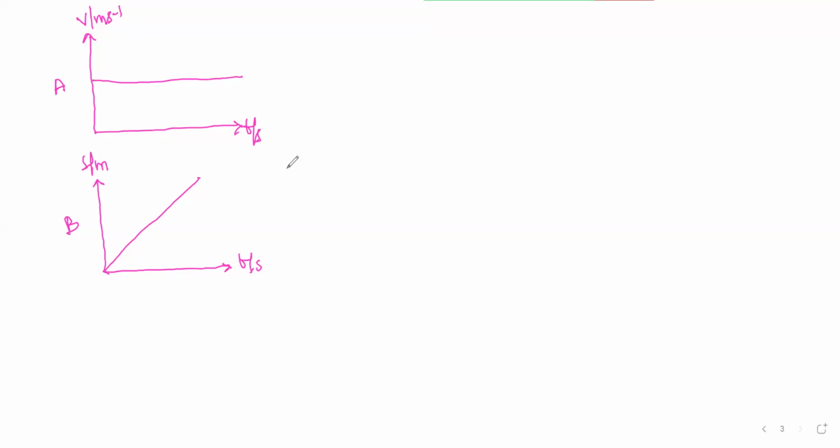So A and B are the same graphs. They are the same. This is constant or uniform velocity. This is also uniform or constant velocity motion. Please, when you are given graphs, check.